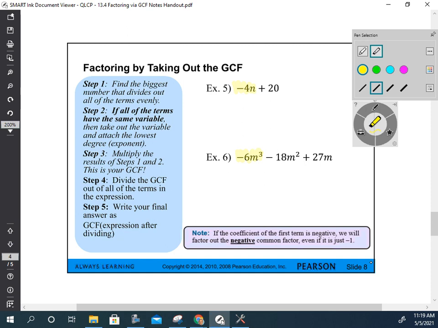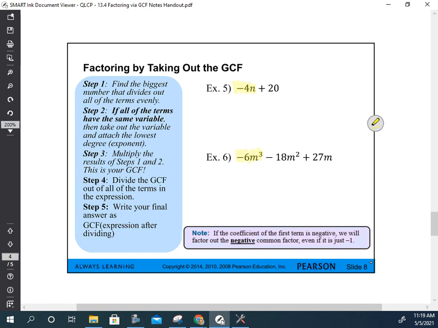So if the first term is negative, then you're going to divide by a negative. So you're going to divide everything by a negative. But then you solve it the same way you've been solving.